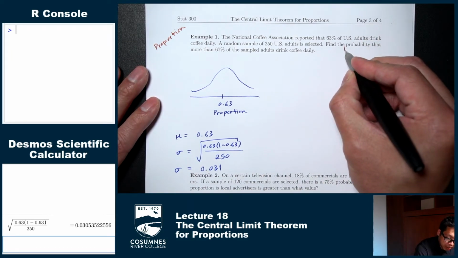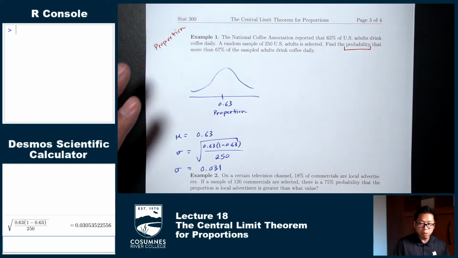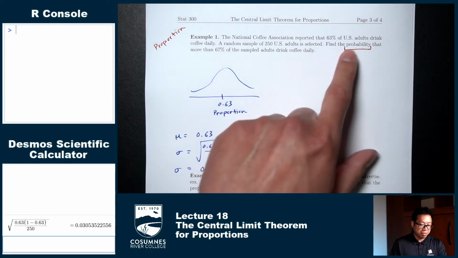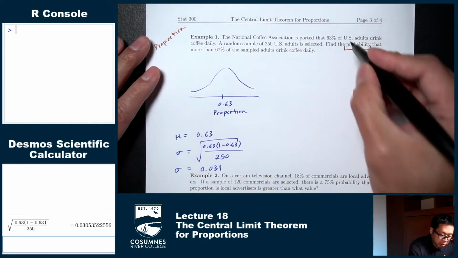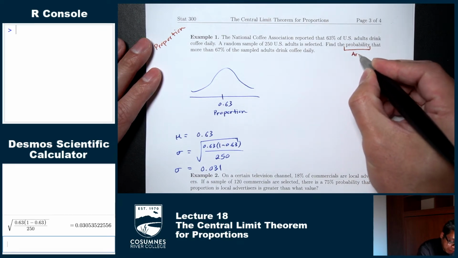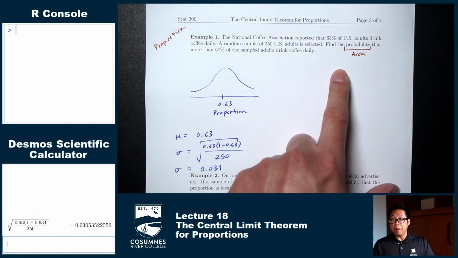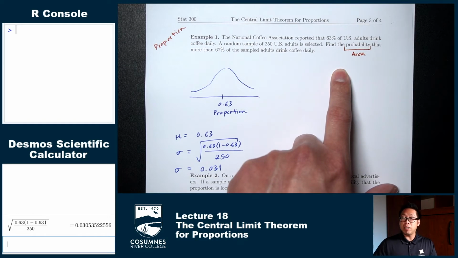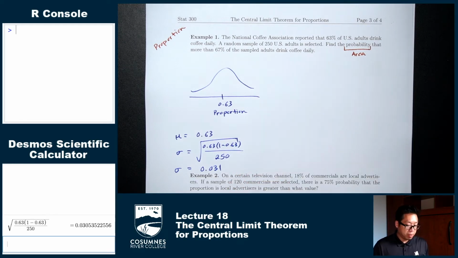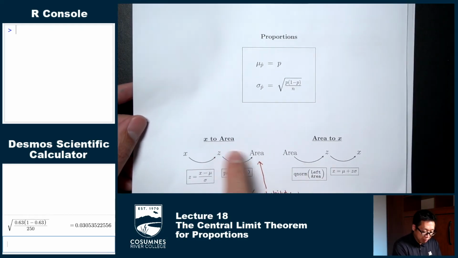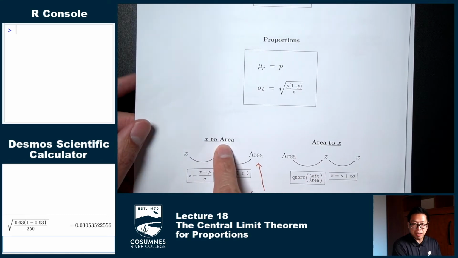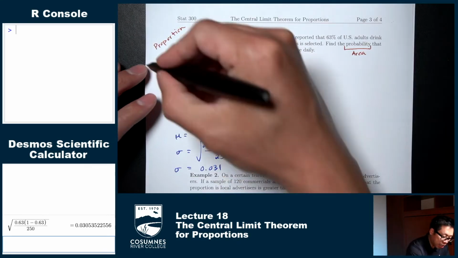Probability, remember I said, if you see the words probability, percent, proportion, that's an area. So this is find the area. So I want to end with an area when I finish the question. So which one of these ends with an area? X to area. Okay, so this is going to be for sure an X to area question.